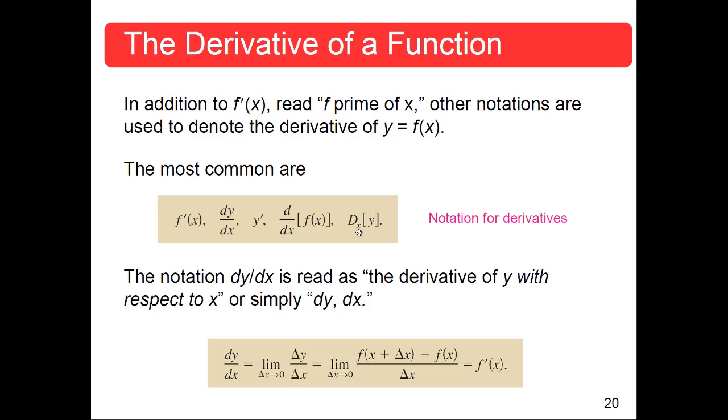We're going to use all these, at least some. So whenever you see these notations, just think, okay, we're taking a derivative. Okay. This is pronounced dy over dx. This is pronounced y prime. We say d dx a lot, or maybe just dx. Okay, again, these are all notations for a derivative. F prime of x is probably the most common, though. But we'll use all of these in this class.